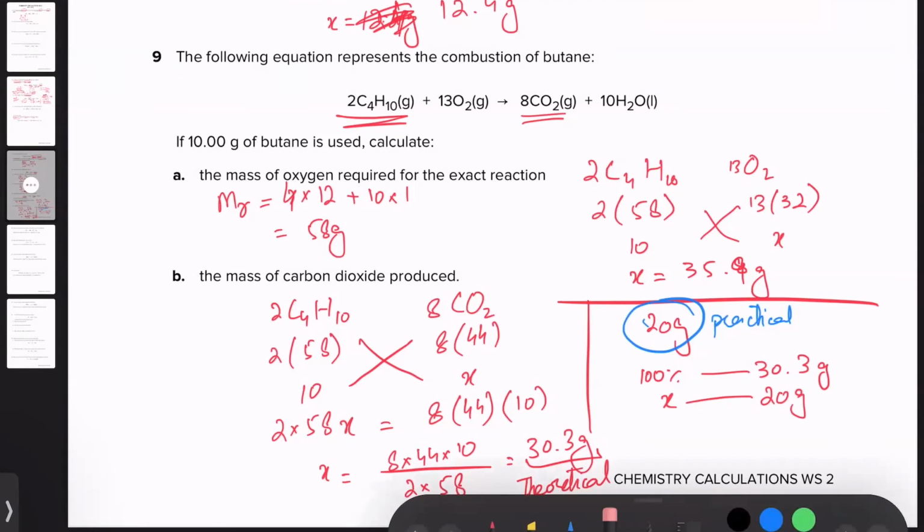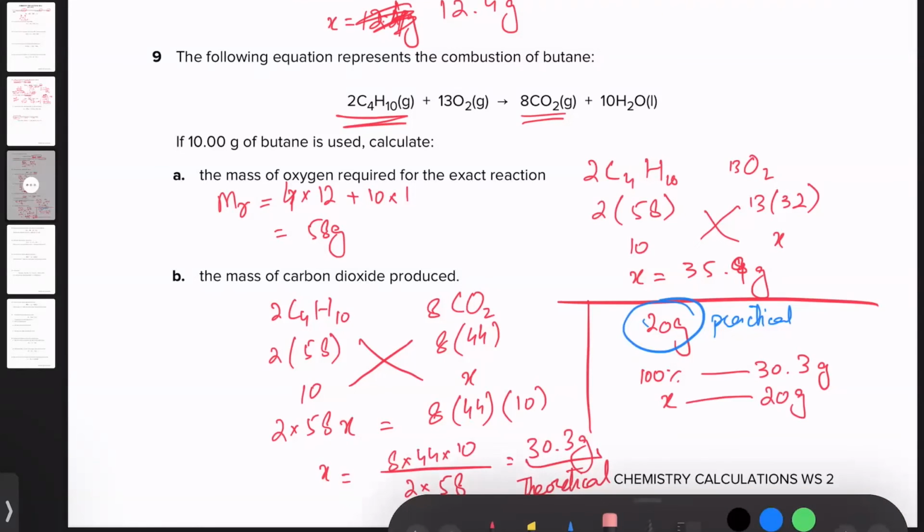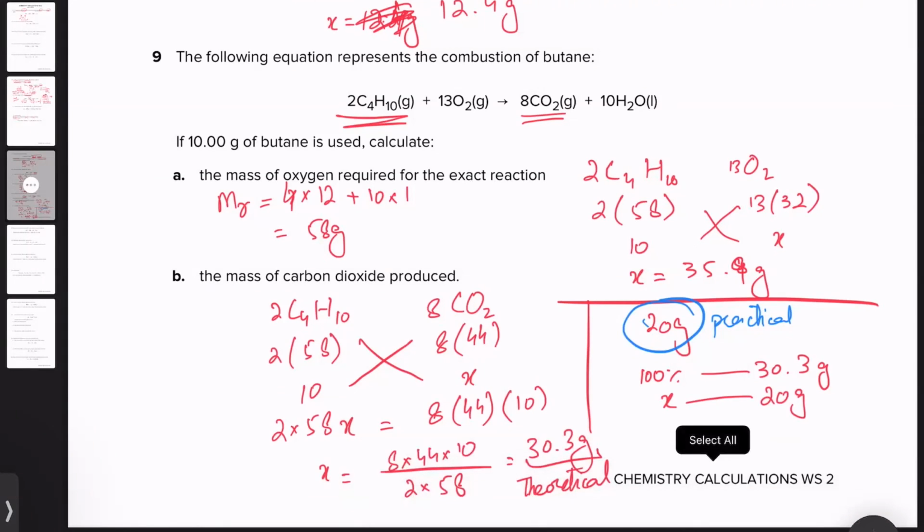So X is going to be 20 over 100 times 30.3. Oh, sorry, 20 over 30.3 times 100. And this is called percentage yield.